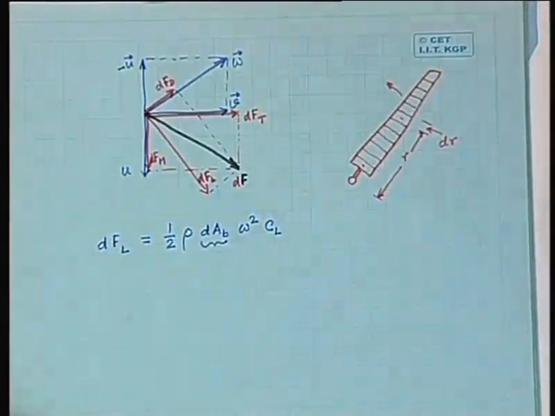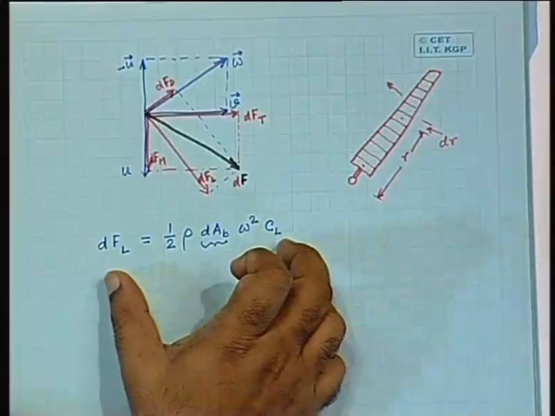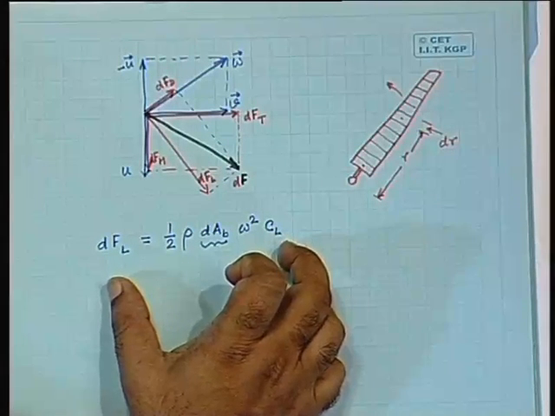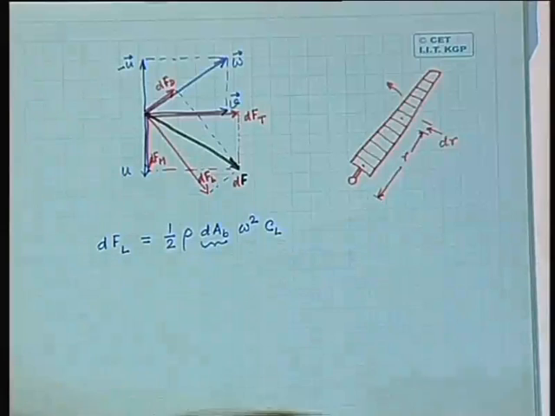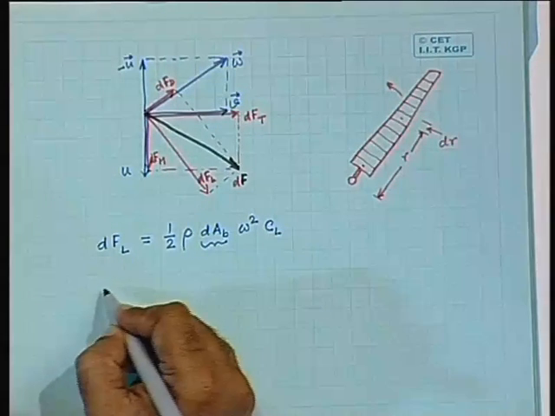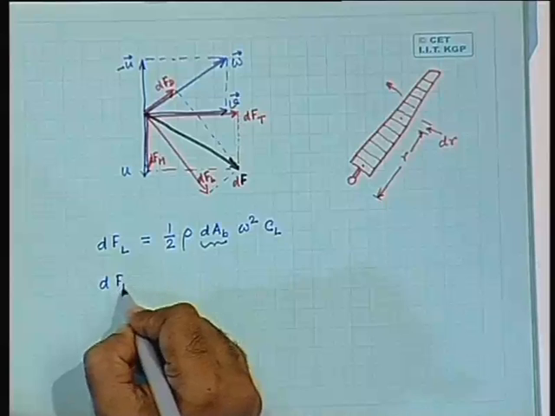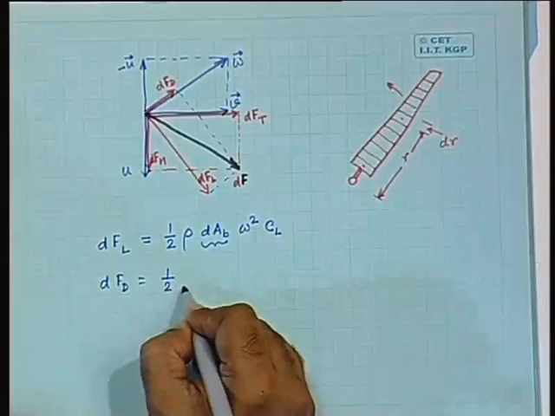They have constructed large wind tunnels in which this particular shape of the airfoil is put, wind is blown, and they make accurate measurements on the amount of drag produced and the amount of lift produced, and from there the lift coefficient and drag coefficient can be calculated. So this is the expression for the lift produced, dFL, and the expression for the dFD is exactly similar.